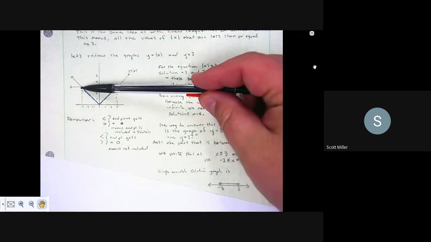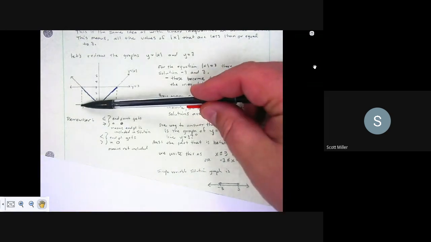How many solutions are there for this inequality right here? Well, there's an infinite number of them because there's a bunch of y values in between 0 and 3. We need to know where those solutions are. When is the graph of y equals the absolute value of x below the line y equals 3? We can see that it's below from here to here.